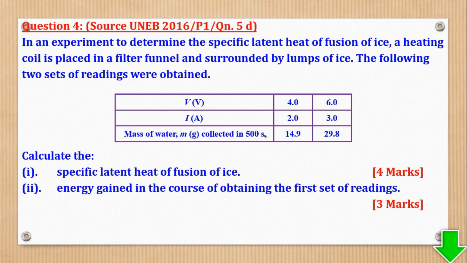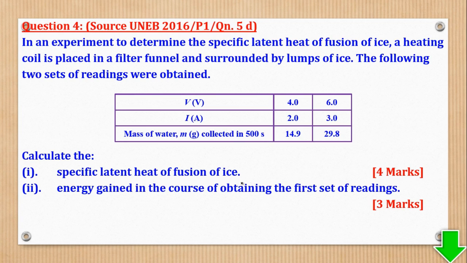Now here, in the previous question, that was question 3, we are dealing with latent heat of vaporization. And also in the previous questions, that is question 1, 2, 3. But now question 4, it is latent heat of fusion. So what happens to the heat gained?